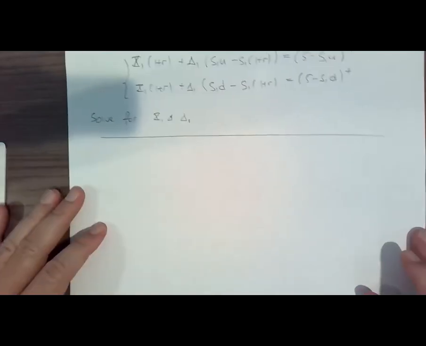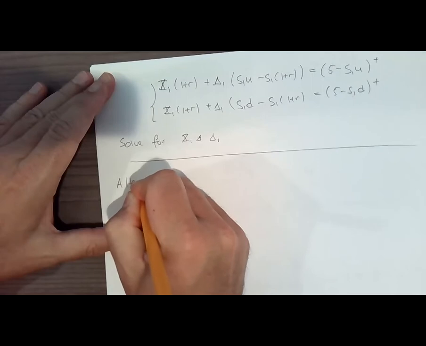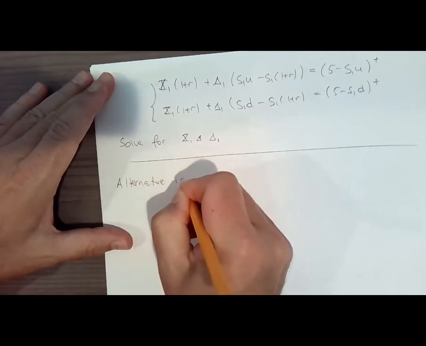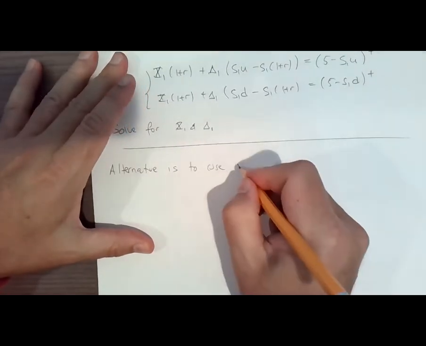This is how we do it in a specific example. So the alternative is to use risk neutral probabilities.